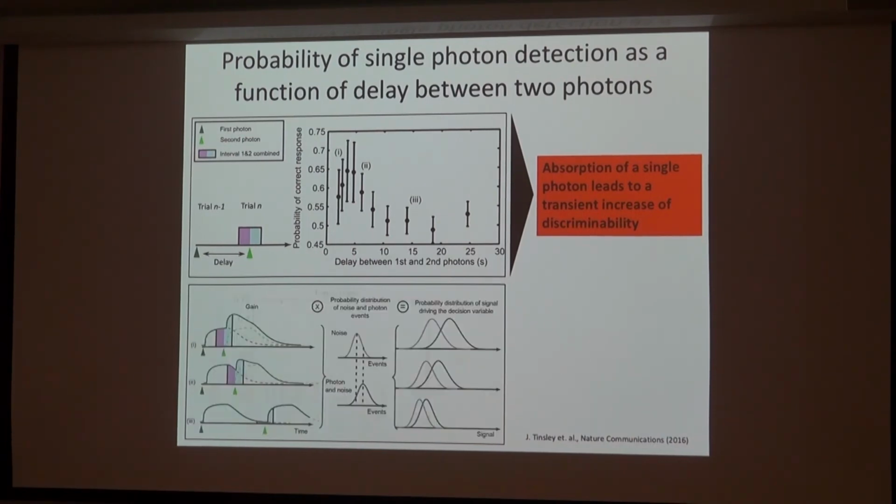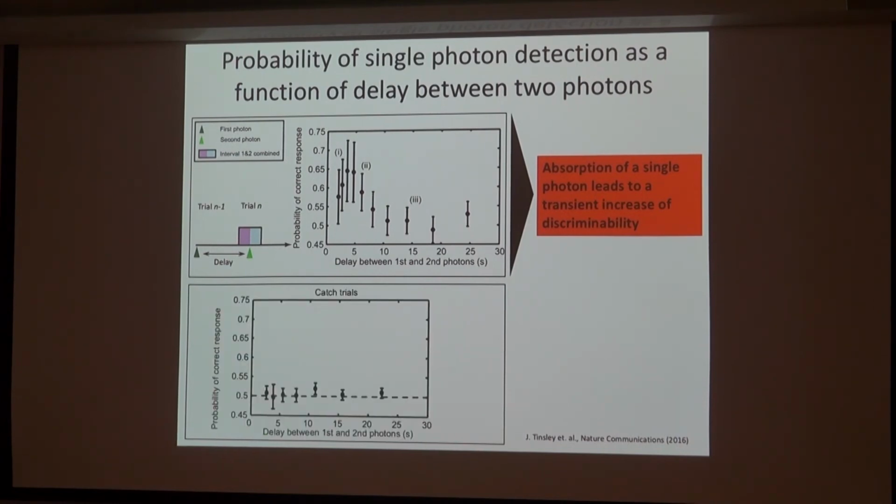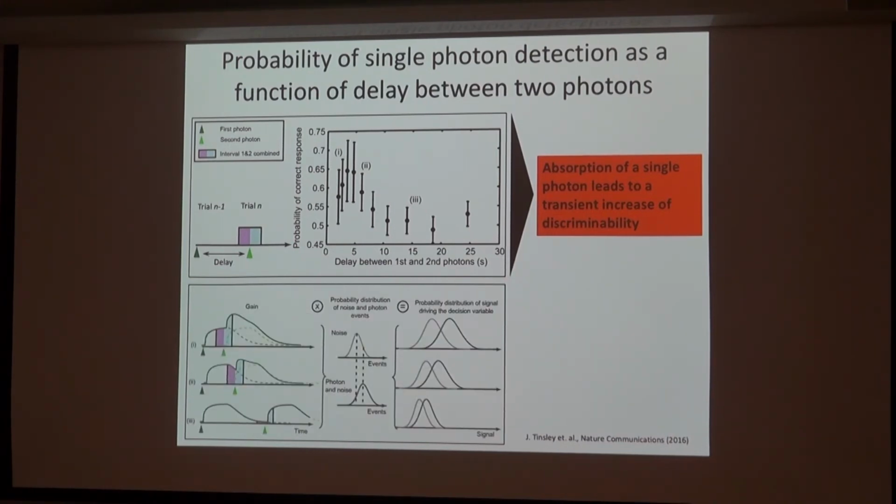So we try to incorporate that now into our model. We said the probability distribution of the signal that ultimately drives the decision variable at the level of humans is given by the probability distribution of noise and the photon-induced events, as I was showing you before, but times a transient change in the gain.